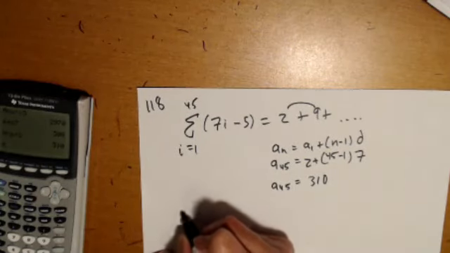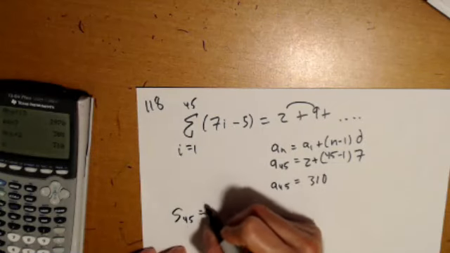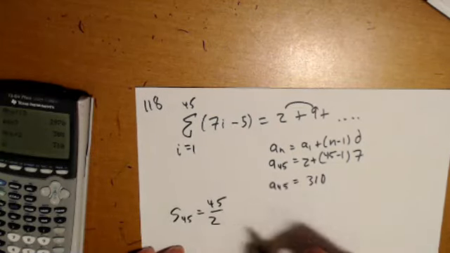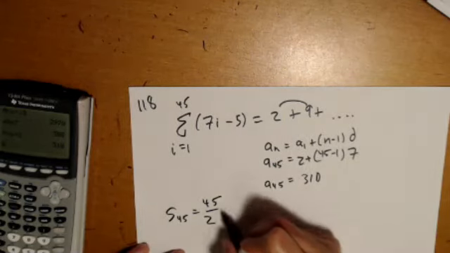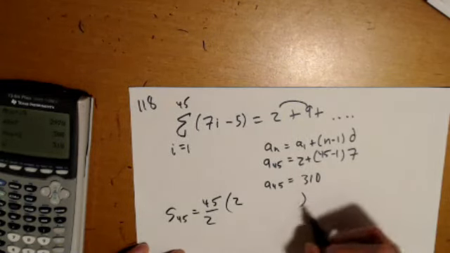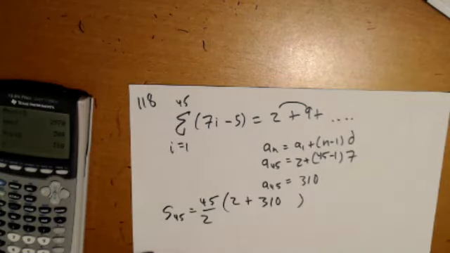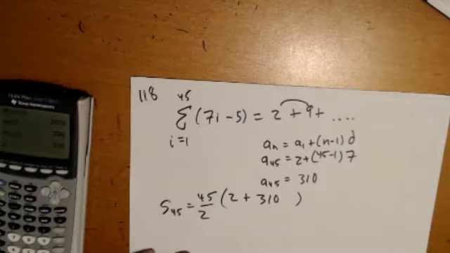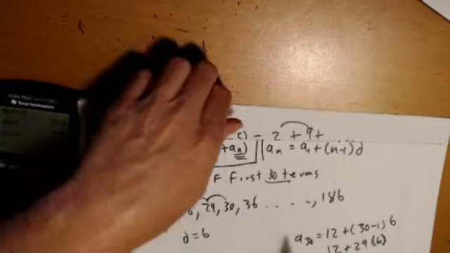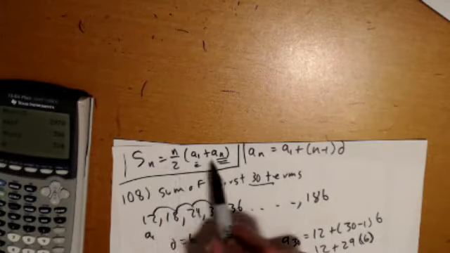So then S sub 45, the sum of 45, is equal to 45 over 2 times the first one, 2, plus the last one, 310. Using this formula.